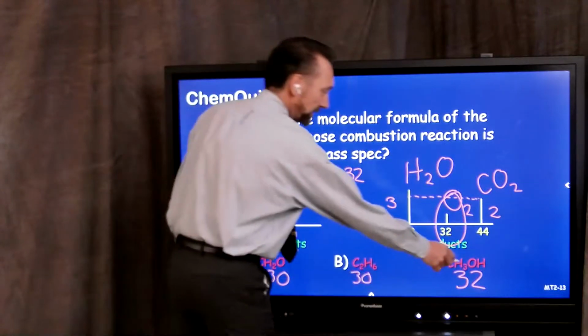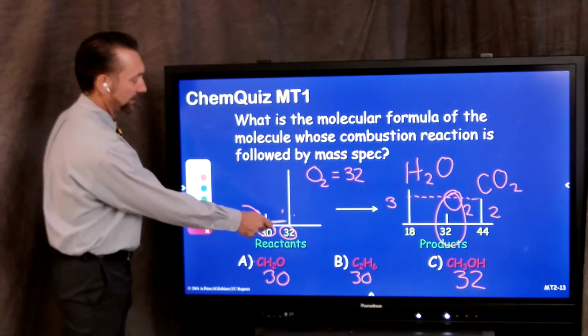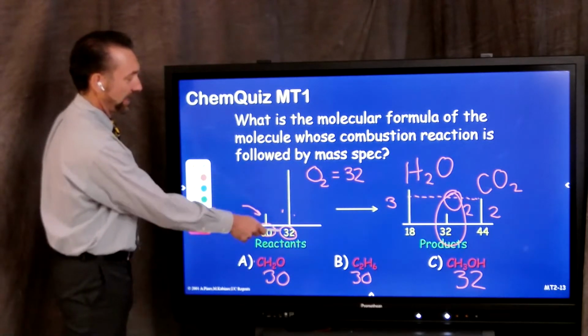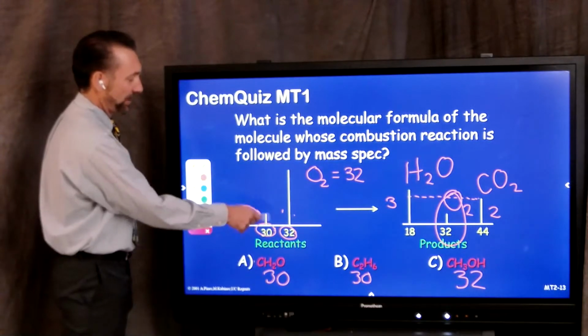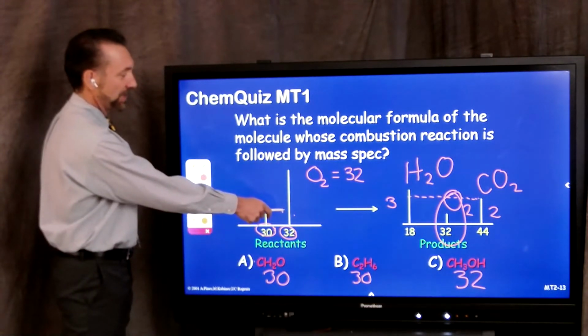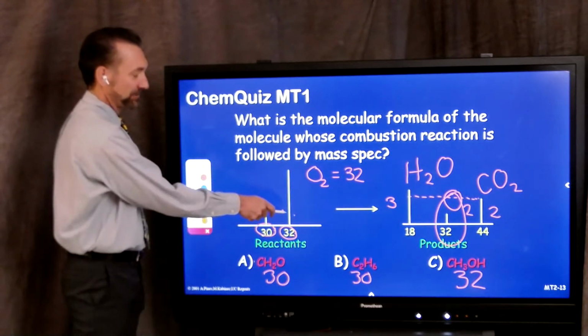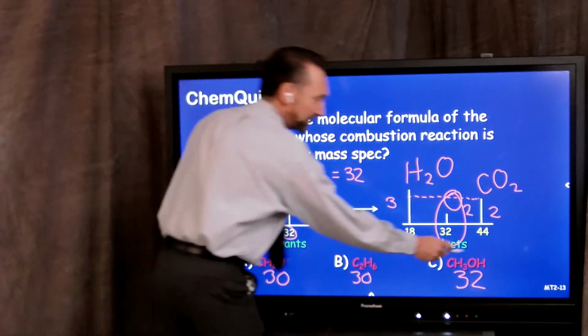This one we're gonna cross out because we think that if that were the case, this other molecule wouldn't have had any place. Both the molecules, oxygen and that molecule, would have mass 32. This mass 30 would be something else. So it can't be this one.